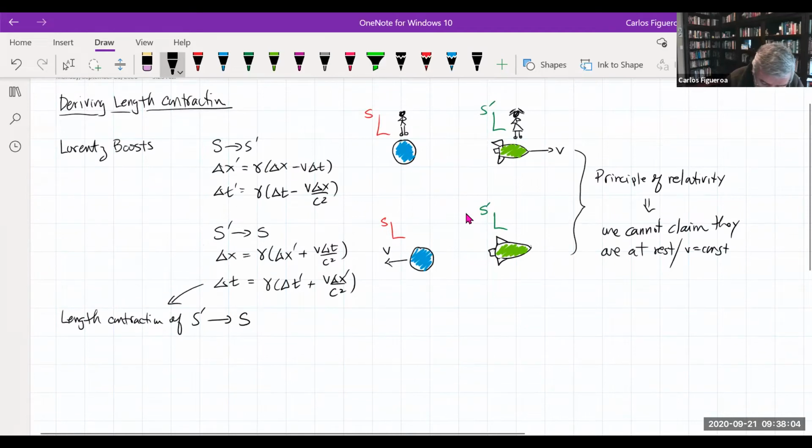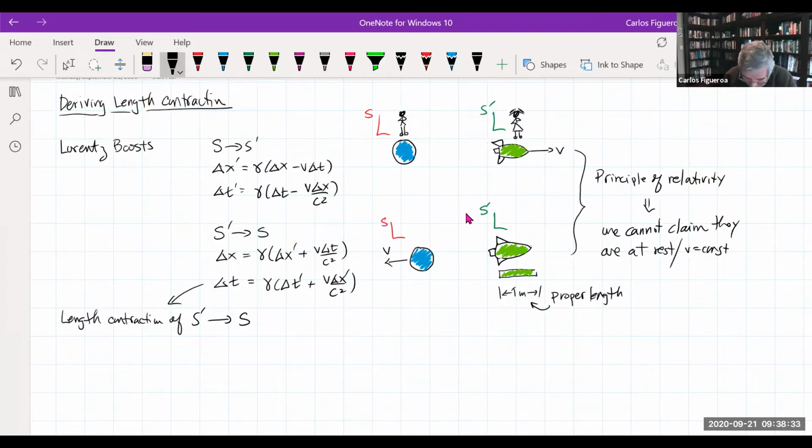So if I look at Maria's meter stick, her meter stick is 1 meter in her frame of reference, right? That's what we call the proper length. Why is it the proper length? Because the meter stick is at rest relative to Maria, or the S prime observer.